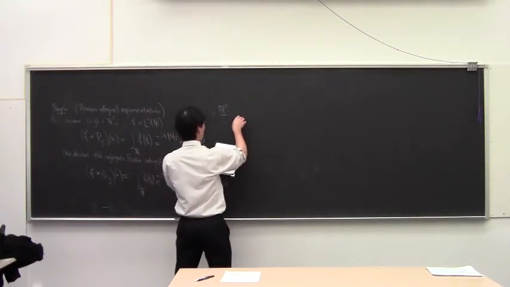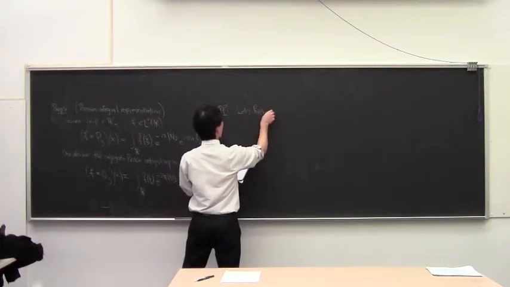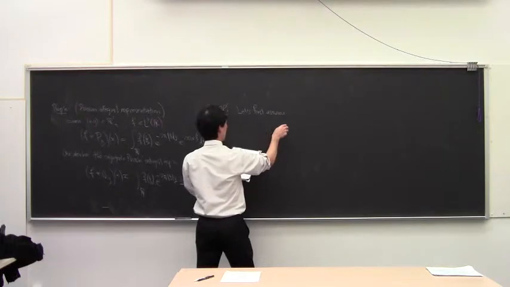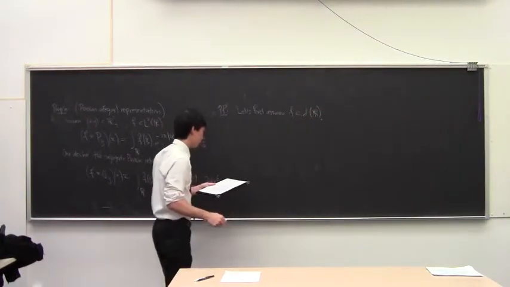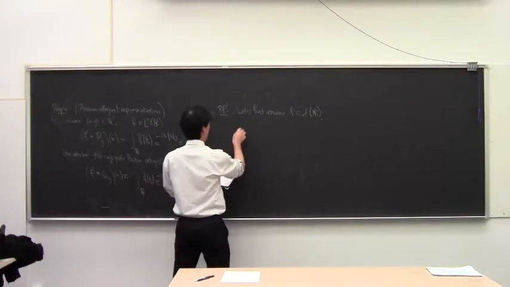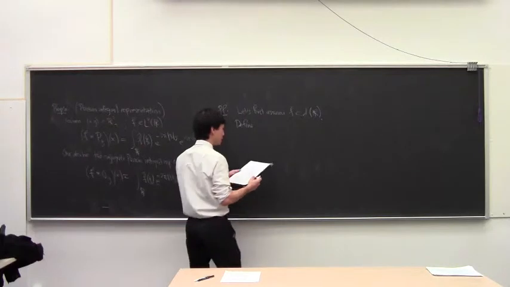For the proof of this, let's first assume that f is a Schwartz class function. The proof will just be by Fubini's theorem.